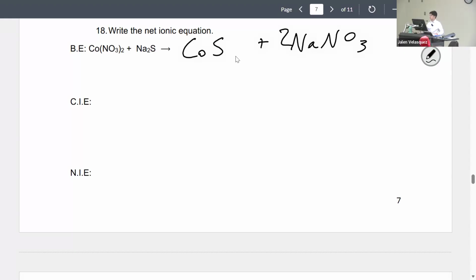It's insoluble, so what state of matter is that? Solid, right? What about sodium nitrate? It's soluble, so that's aqueous. Okay, that's AQ, right?